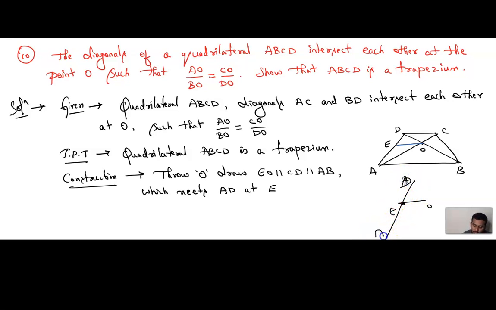On line AD, no? That's it. Which meets AD at E. Got it? We have drawn the line OE. Where is it meeting? At the line AD at E. Understood? E is the point which is meeting on the line AD.